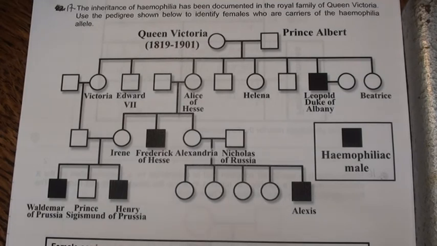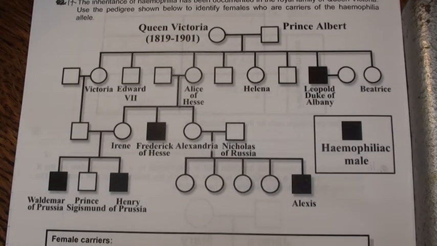And as you probably know, Tsars or kings were really keen on male heirs, so they were really keen to have a boy, but they had girl after girl after girl after girl. And then finally they had a boy called Alex, or Alexis as he's written here, and he unfortunately had hemophilia, and that was a real disaster for that family.